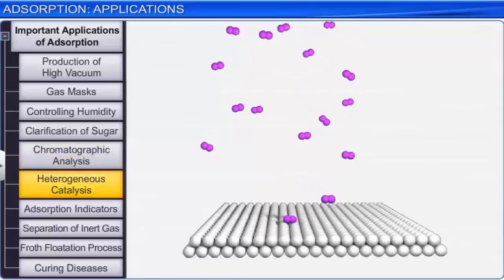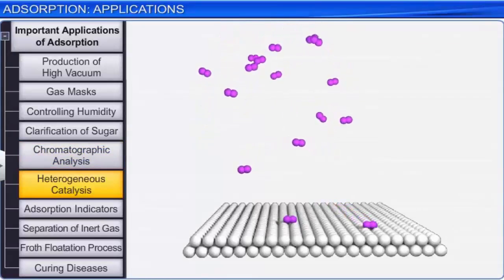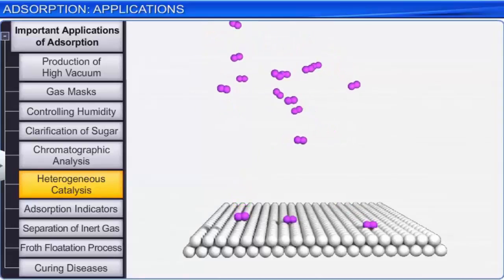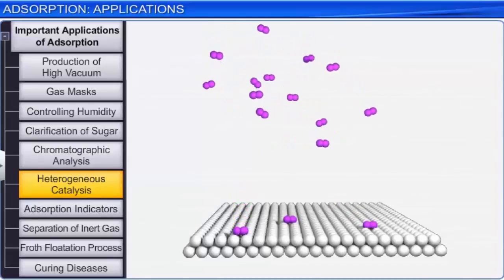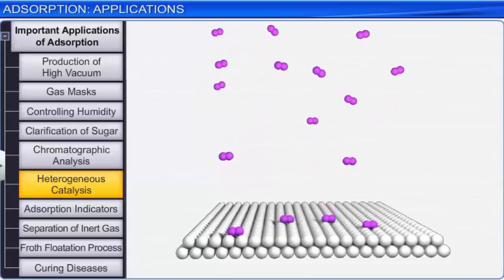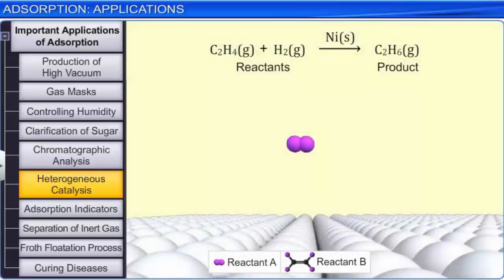Let us now discuss heterogeneous catalysis. Adsorption plays a very important part in the catalysis of gaseous reactions by solid surfaces. Let us see how heterogeneous catalysis works. According to the adsorption theory, gaseous reactants are adsorbed on the surface of a solid catalyst.